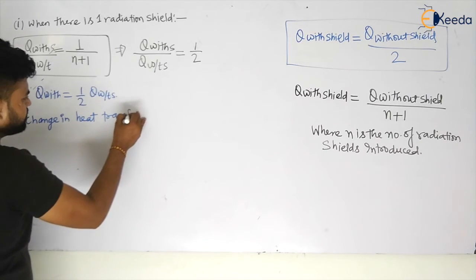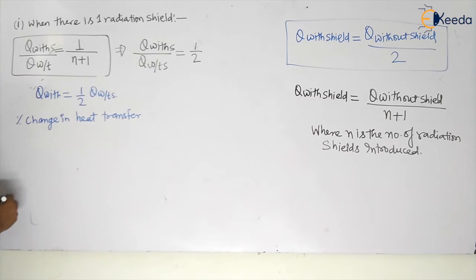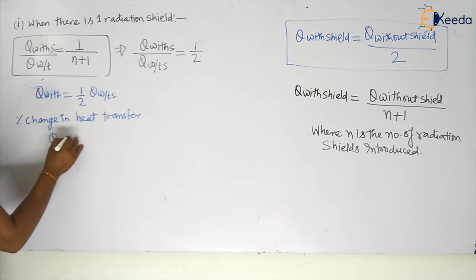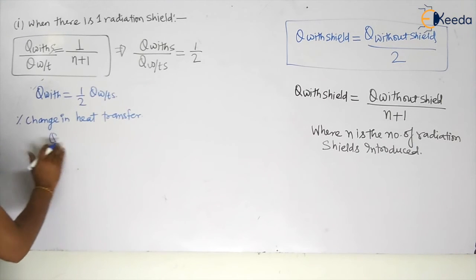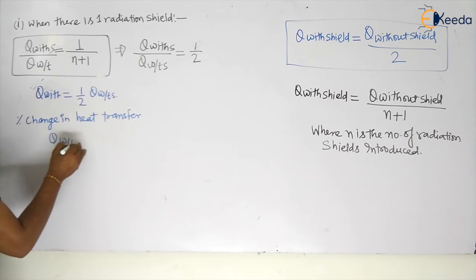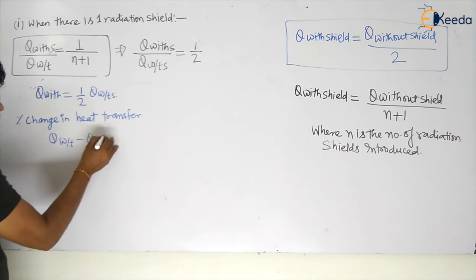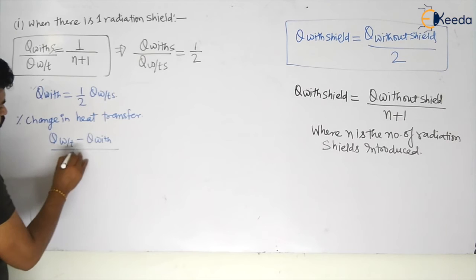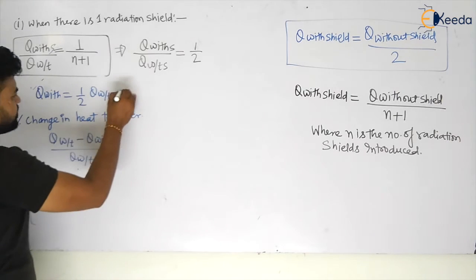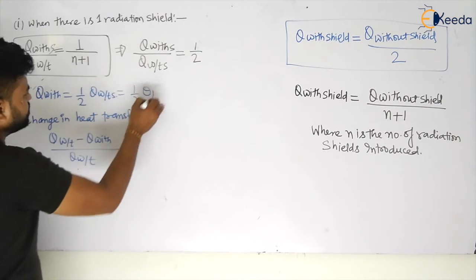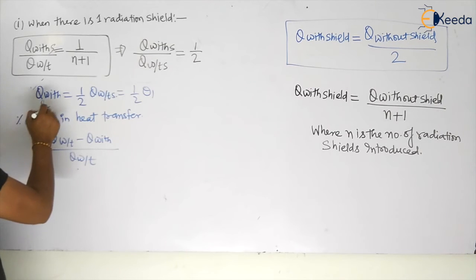My dear students, percentage change in heat transfer. So this will be Q without minus Q with, divided by Q without. So if it is Q1, half Q1, Q2 will become equal to half Q1.